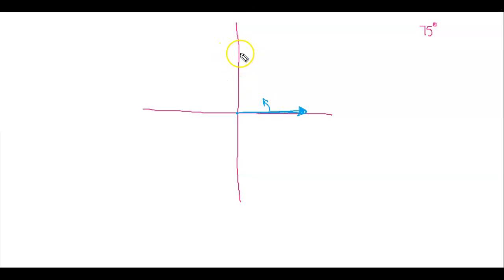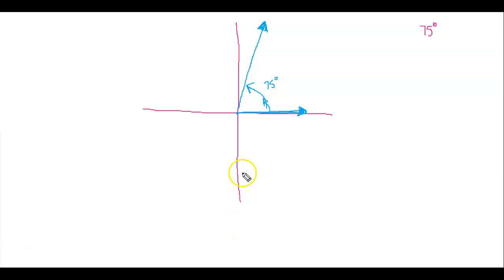And I know that this is 90 degrees, so 75 is less than that. It's going to be in between here somewhere. If I think halfway of 90 is 45, so half of 45 is like 22, and so that's going to be like 67. It'll be a little further than that. So 75 would be around here somewhere. And so this angle would be about 75 degrees.